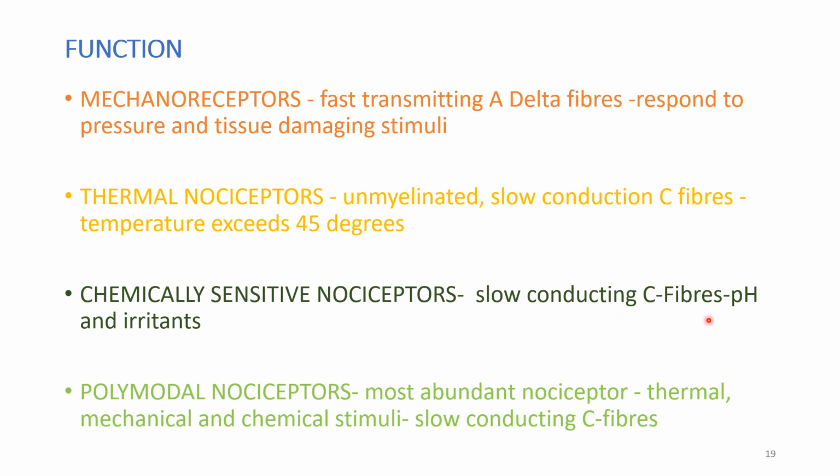They will be activated by pH and irritants. And polymodal nociceptors are the most abundant nociceptors. They respond to thermal, mechanical and chemical stimuli. They also have slow conducting C fibers. So from the mechanoreceptors, thermal, chemically sensitive and polymodal nociceptors, the information will be coming.